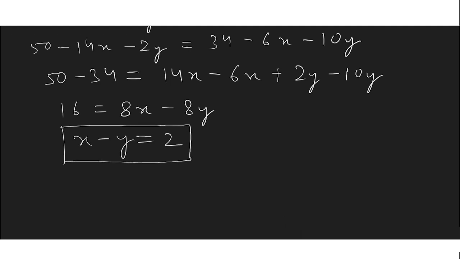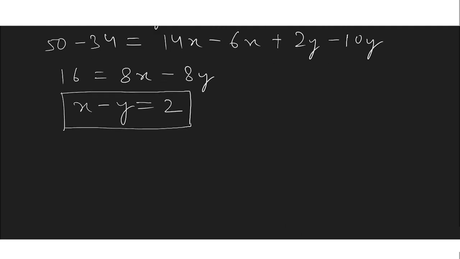So if we have this relation between x and y, then the point represented by x comma y will be equidistant from 7 comma 1 and 3 comma 5. Let us find out a few of such coordinates.